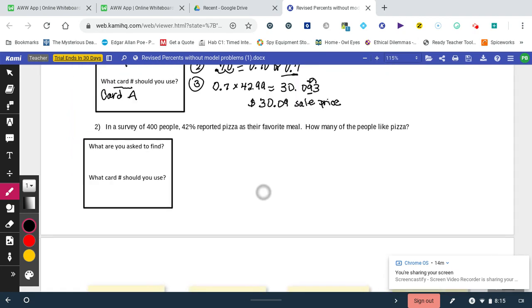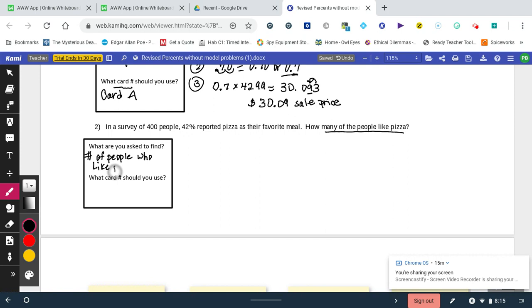Number 2 says, in a survey of 400 people, 42% reported pizza as their favorite meal. Okay, so how many people like pizza? So I'm asked to find the number of people who like pizza.